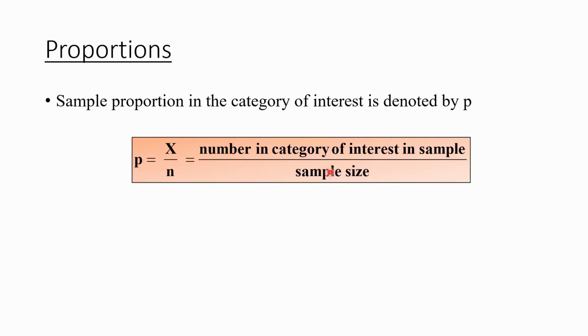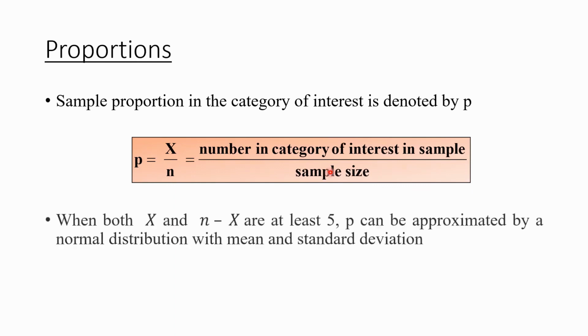Now when both x and n minus x are at least 5, p can be approximated by a normal distribution. So this condition is very important. When it comes to hypothesis testing for proportions, you have to check whether x and n minus x are at least 5, because only then can you say p can be approximated by a normal distribution with mean and standard deviation given by these two equations.